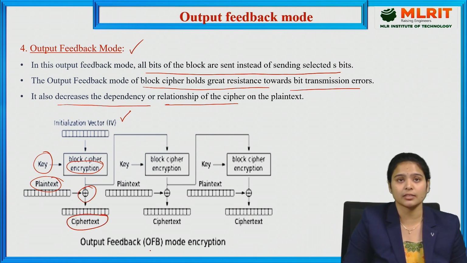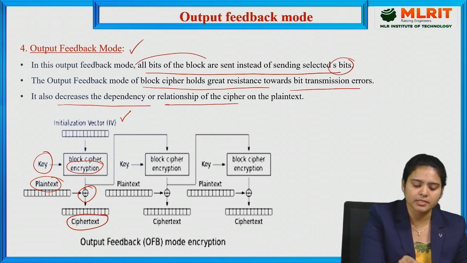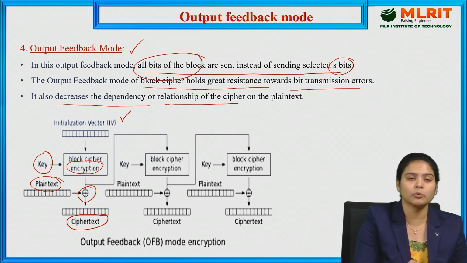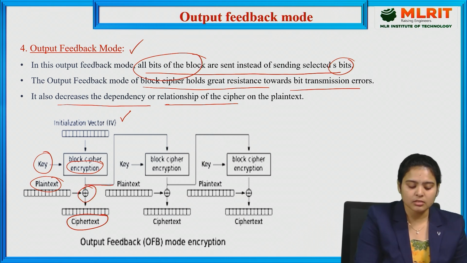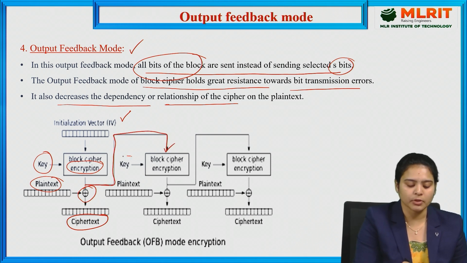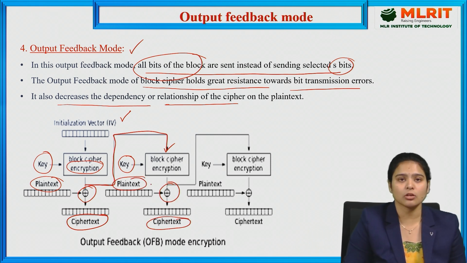Instead of S bits, we select all bits in the block, so all the blocks are connected to each other. The second process is connected with the first process, which is connected again with the block cipher encryption process by using the key K. Again, the plaintext is converted into the ciphertext by using an XOR operation.